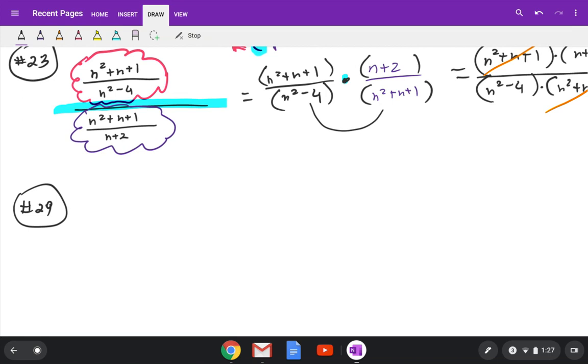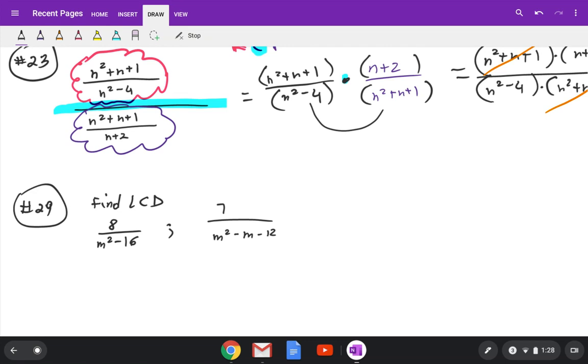Here, determine the LCD. So you need to find the least common divisor. They give you two expressions: 8 over m squared minus 16, and the second expression is 7 over m squared minus m minus 12.